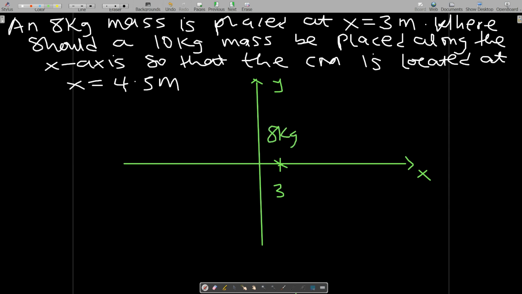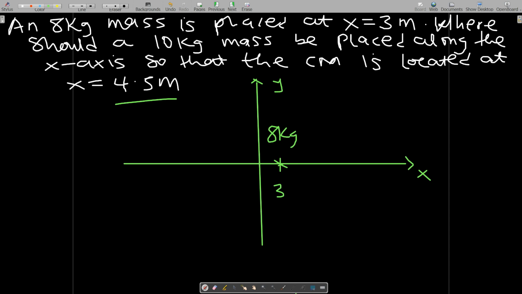Okay, and now where should the 10 kilogram mass, we don't know, be placed in such a way that the center of mass, let's say I'm imagining, or let's say the 10 kilogram mass should be here. Since this 4.5 is bigger than the 3 meters, it means the center of mass is far from the 3 meters.